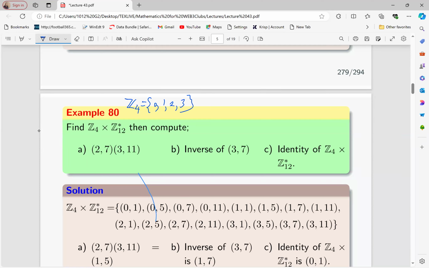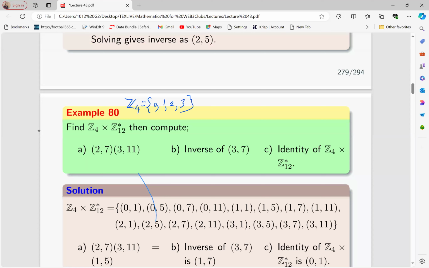Is that okay? And then the second group, Z star 12, is a multiplicative group. And we also know that it consists of elements 1, 2 is not, 3 is not, 4 is not, 5, 6 is not, but it has 7, 8, 9, 10, then 11. The elements which are relatively prime to 12.